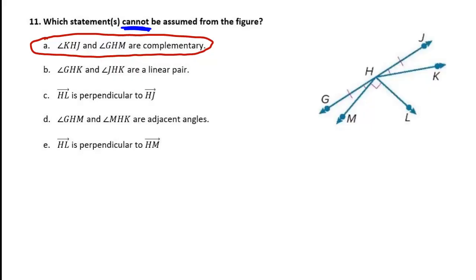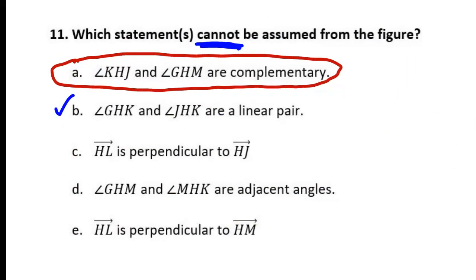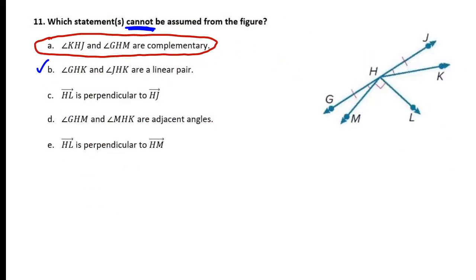Am I allowed to assume that? Yes, I am allowed to assume that. Ray HL is perpendicular to ray HJ. I cannot assume that. Angle GHM and MHK are adjacent angles. That I am allowed to assume.